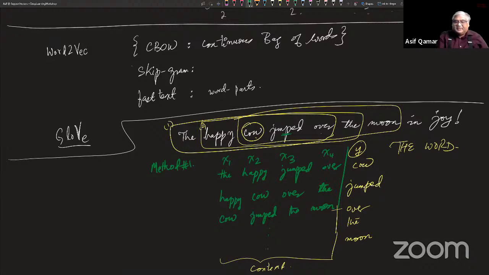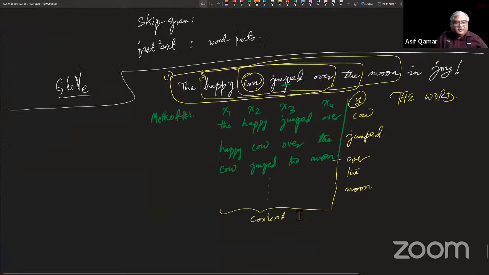And so what you have is context and the word. And we are saying, if I give you the context, can you tell me what word it is? Right? So think of it as a classification problem in some sense. I give you the context and you have to tell me the output, what word should be here. How do we do that? You can do that in a few ways.